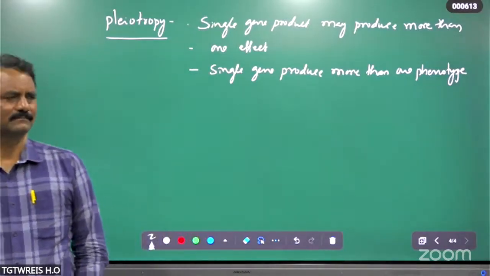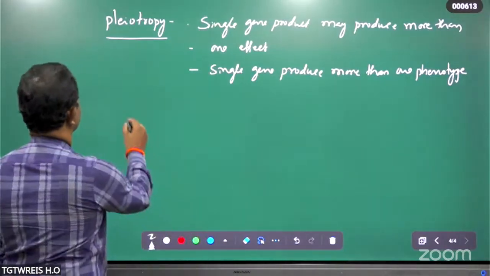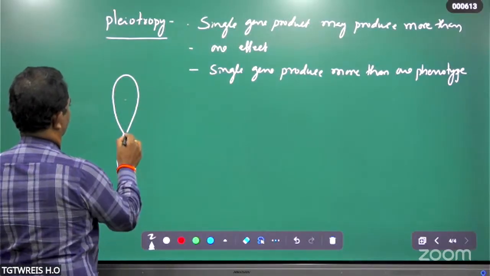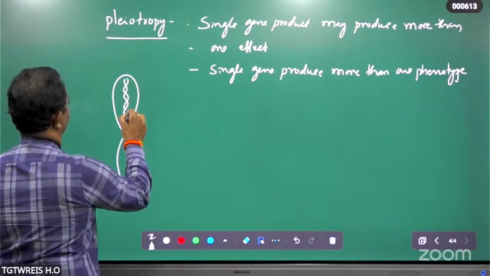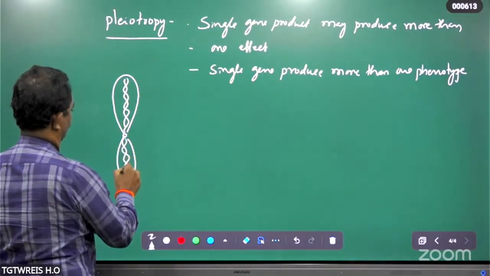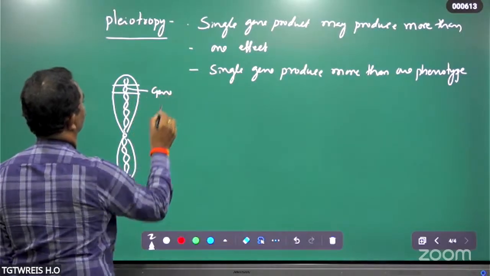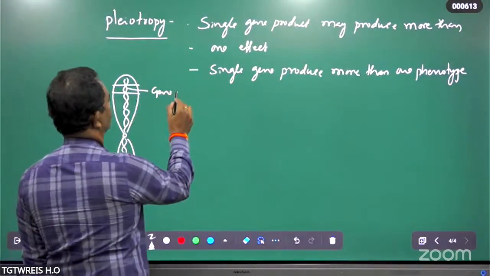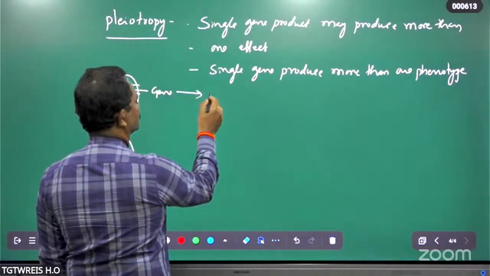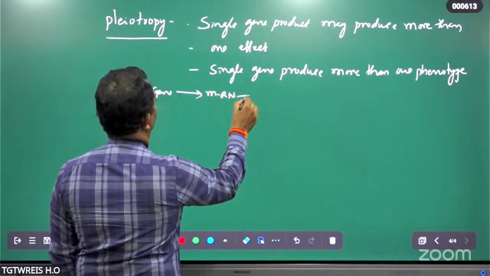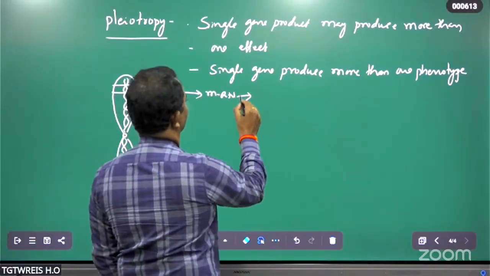Generally, a gene is nothing but, so this is the chromosome, it is the DNA. A segment of DNA is a gene. Generally the gene converts into mRNA. mRNA converts into a protein.